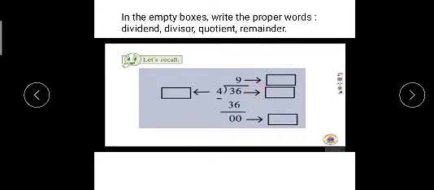Okay, after we divide 36 by 4, what remains? The remainder.